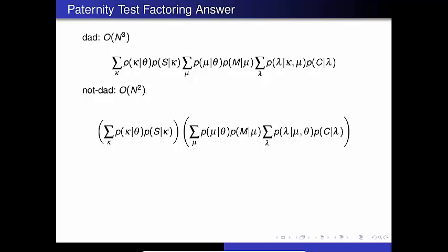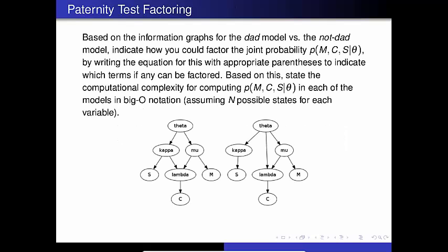Let me see. I'm not quite sure what specifically you're asking, but let me try to relate it to the not-dad model, since you raised that and we haven't talked about it yet. The not-dad model has a somewhat different information graph structure. The key thing I want to draw to your attention is that S is not tied in to these other variables except through theta, which is the thing we're conditioning on here.